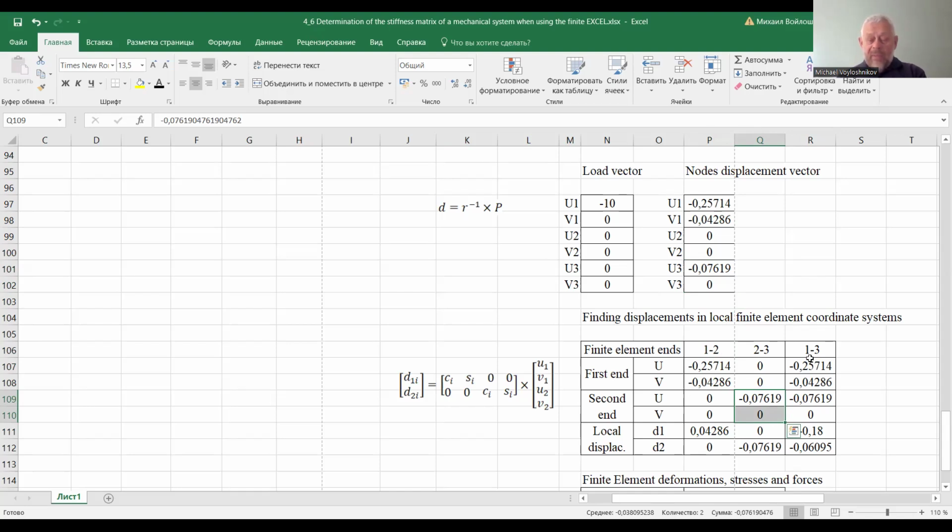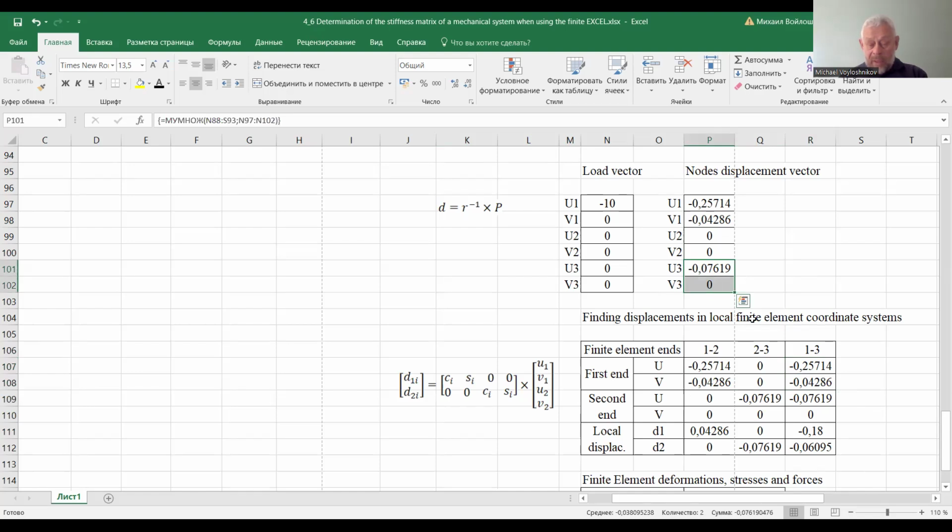And for the third finite element between nodes 1 and 3, the first end is node 1. We copy from the nodes displacement table here to this one. And the second end of the third finite element is node 3.